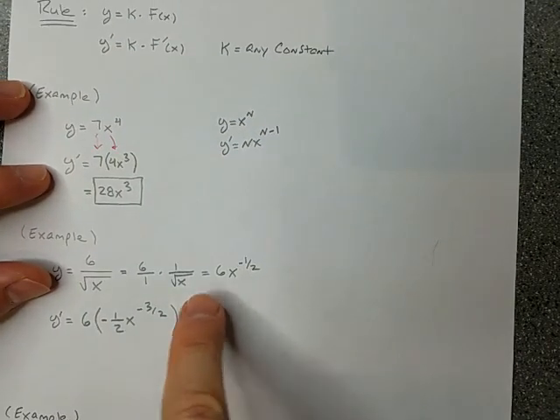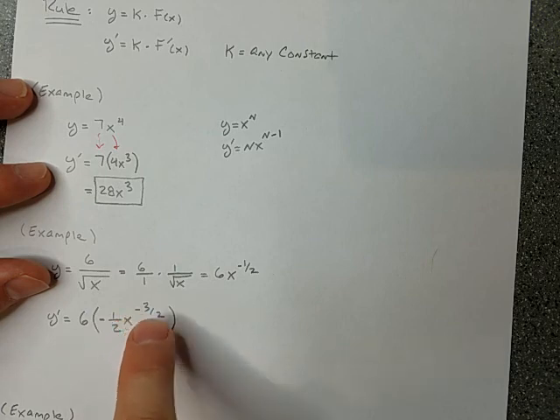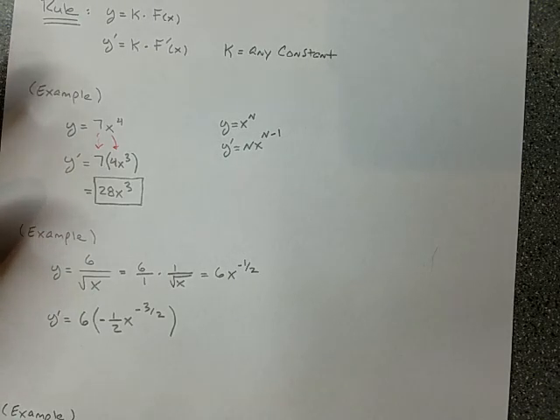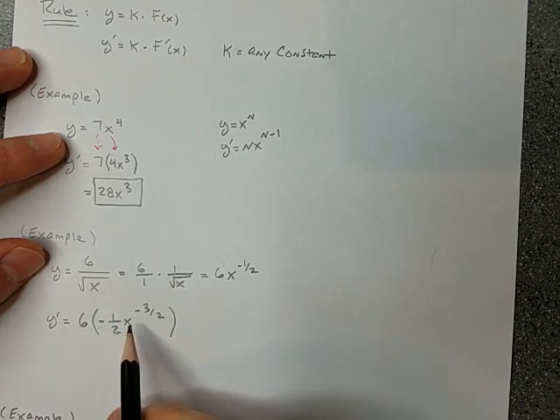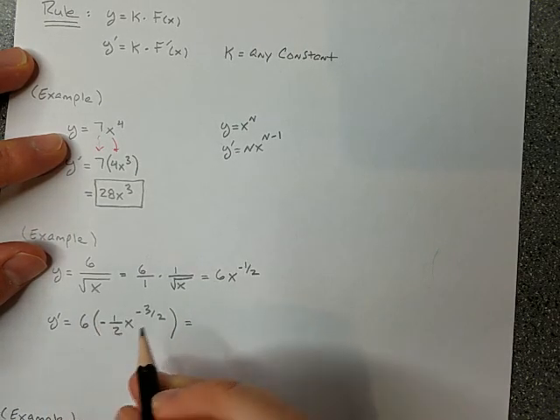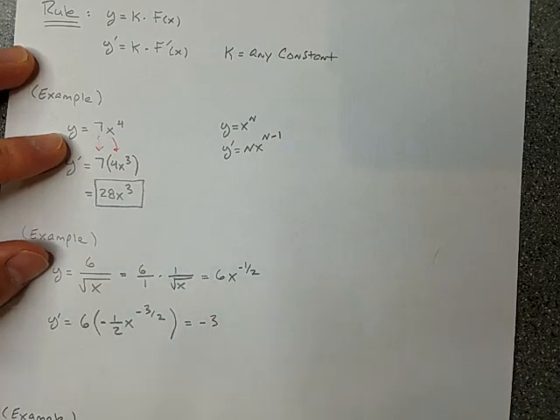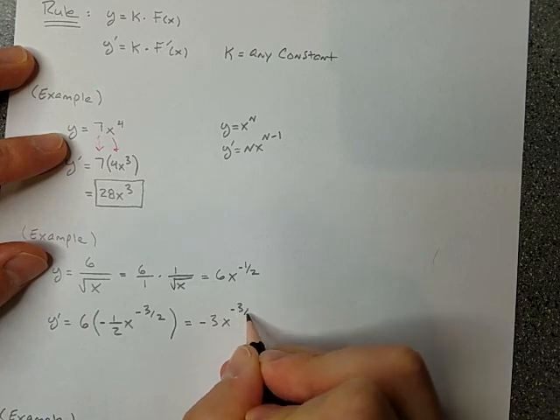So I bring the 1/2 down there, and I take negative 1/2 minus 1. All right? That's what gives me negative 3 over 2. Okay, I see that all this is multiplied together. 6 times negative 1/2 times x to the negative 3 over 2. So, okay, that ends up being negative 3, right? 6 times negative 1/2. Then I've got this x to the negative 3 over 2.